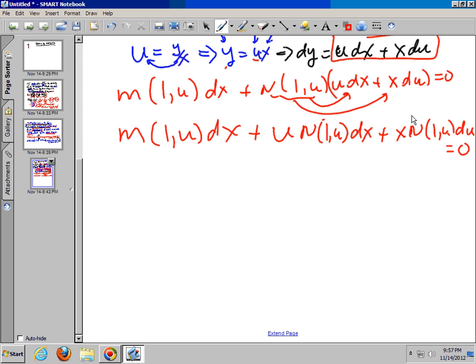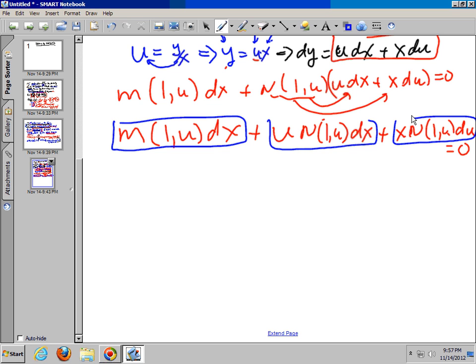Okay. Let's see what we have. We have this term plus this term plus that term. And these two terms both have dx's, so I could factor out the dx.